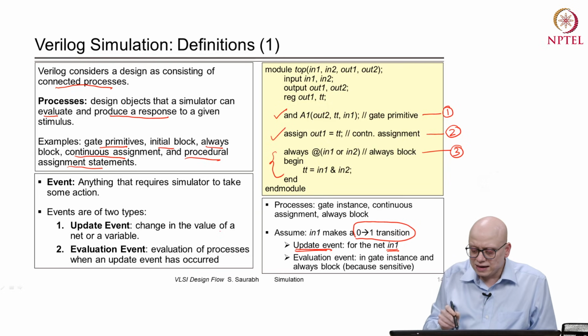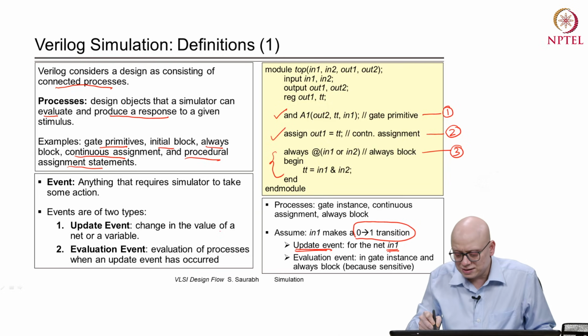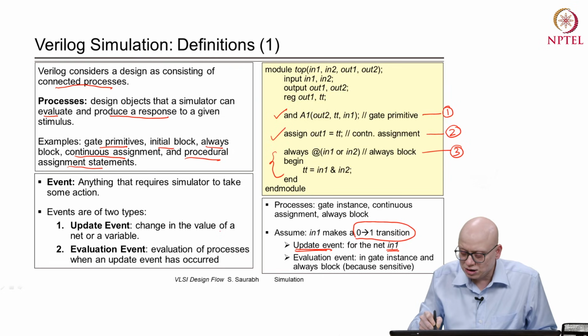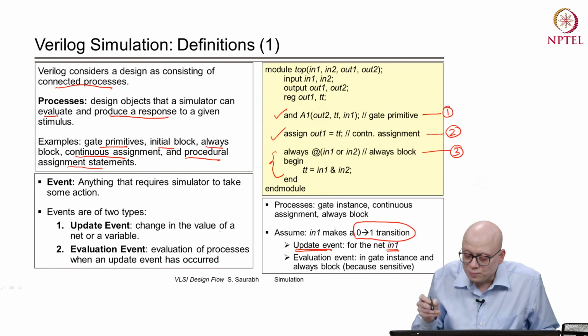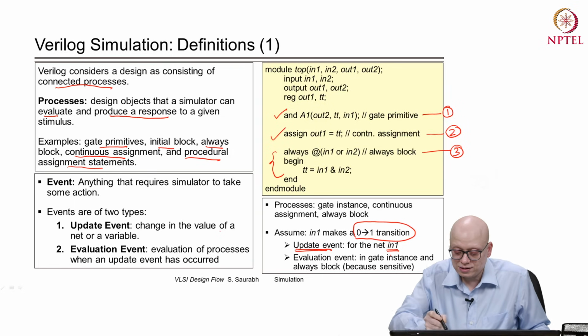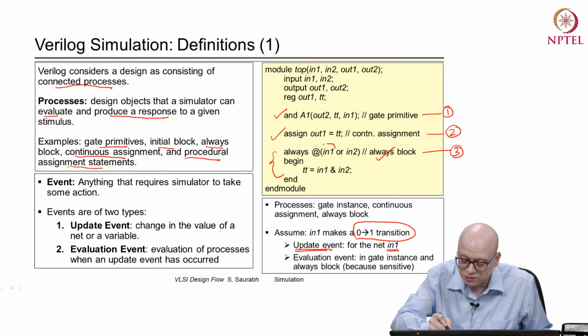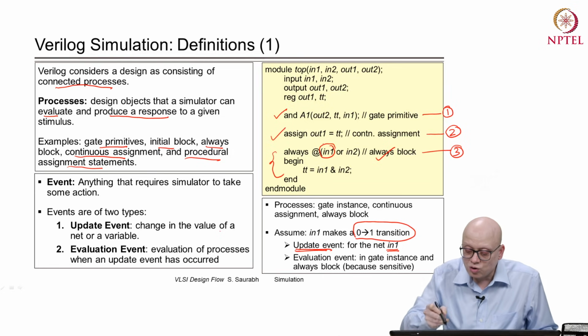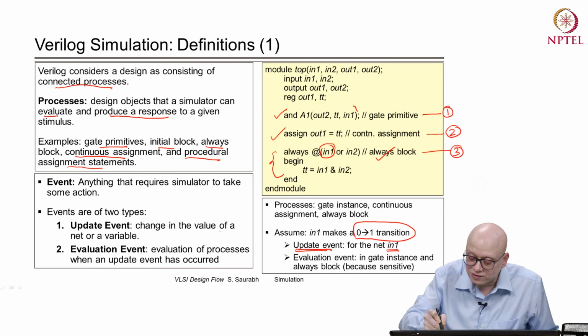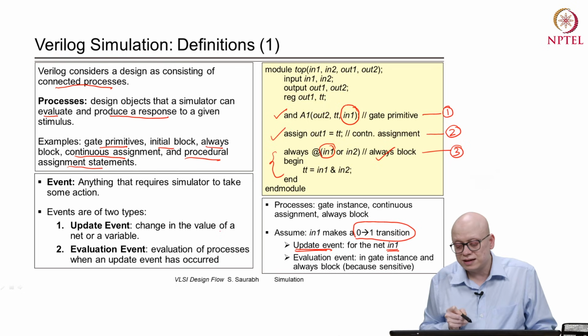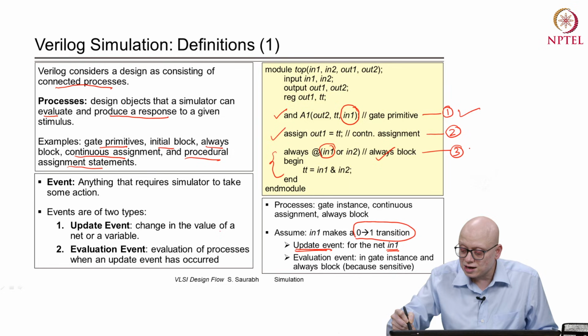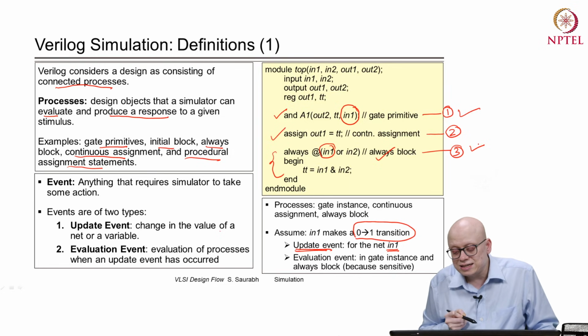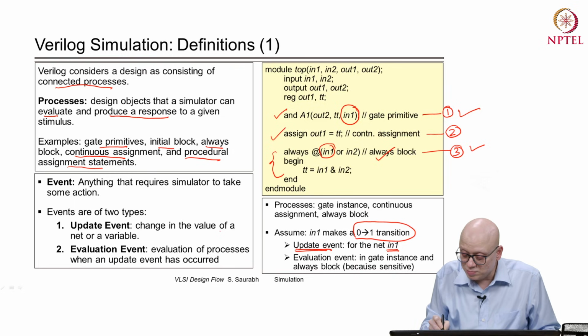And then an evaluation event: whenever there is an update event on a net, in this case in1, the processes which are sensitive to it are this always block, because in1 is in the sensitivity list, and also this gate primitive, because on its input there is in1. So these two processes are sensitive to changes in in1, and therefore there will be an evaluation event in the gate instance and the always block.